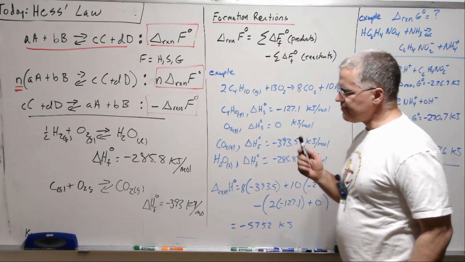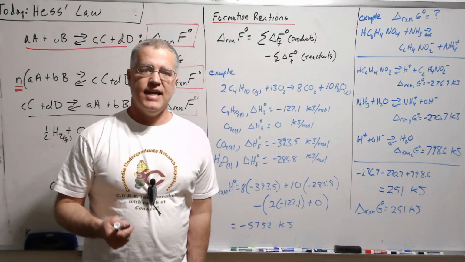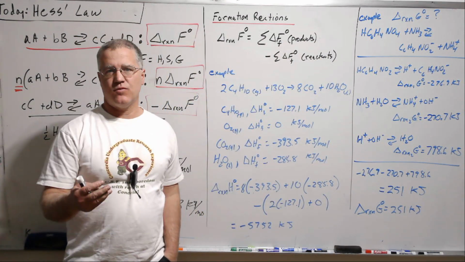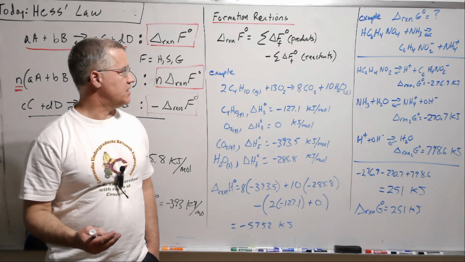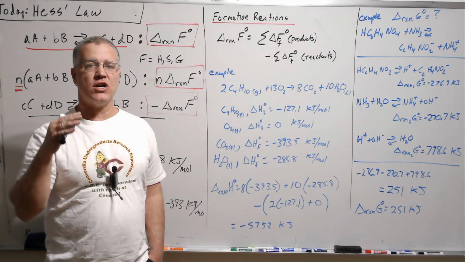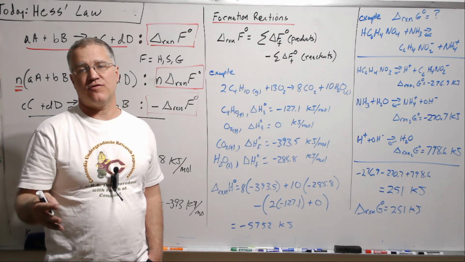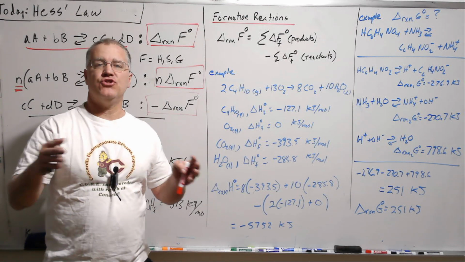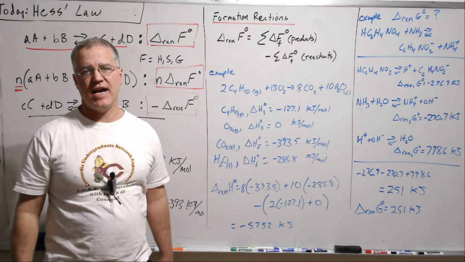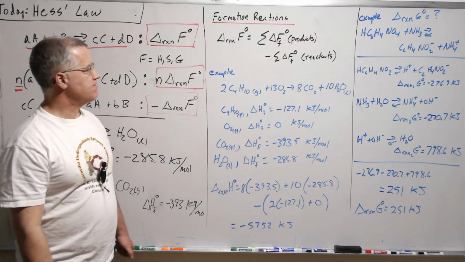So what we can do is we can combine this with Hess's law. And this makes a very systematic way of getting the delta G, delta H, or delta S for any reaction as long as we already know the values for the formation reactions. There are huge tables of formation reactions that you can look up in handbooks or online.